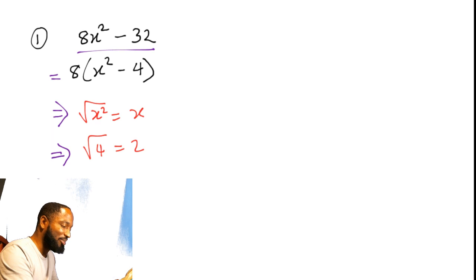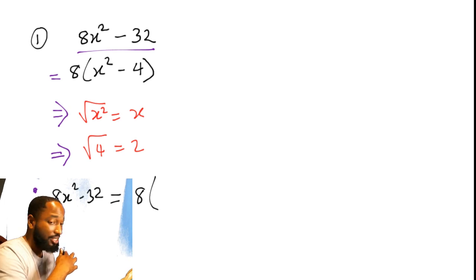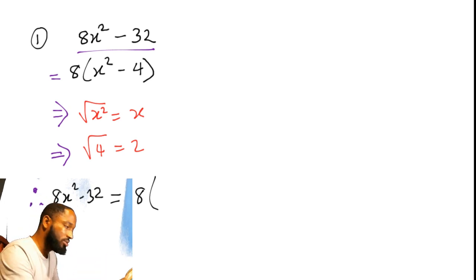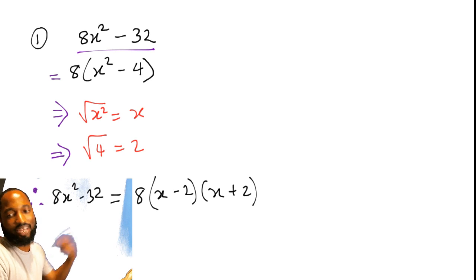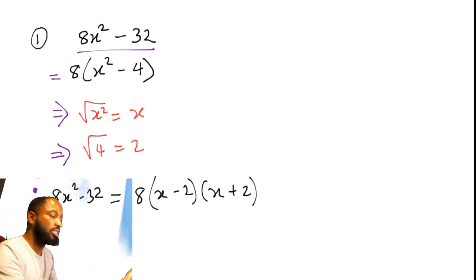Therefore, 8x squared minus 32 is equal to 8, pulling out the 8 first, times x minus 2 and x plus 2. So I did a little step first, and then I go into my business.